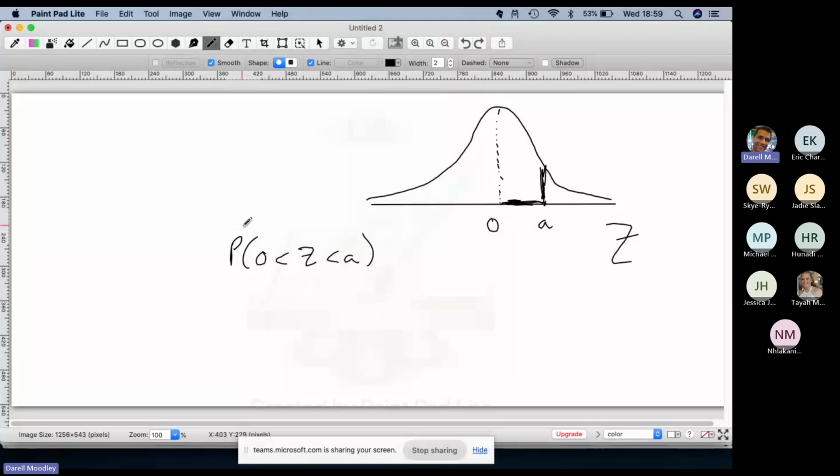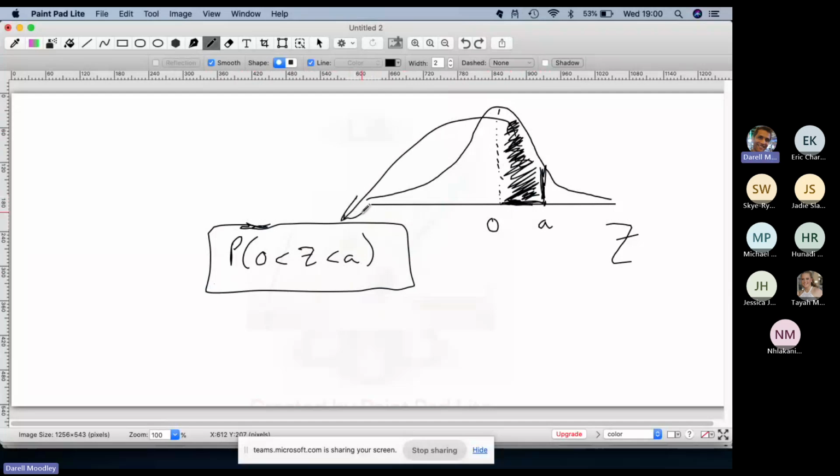And what this is actually asking me for is this area. This area that I'm shading is the same thing as that. So if you found the area, you've found what this is asking for. That's how it's shown in this course.